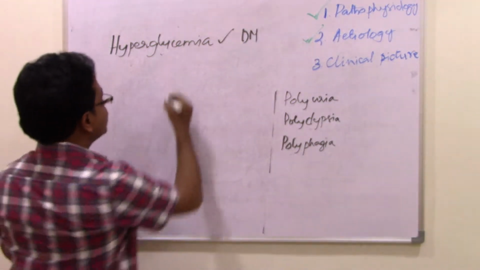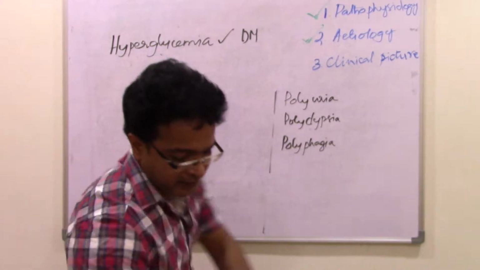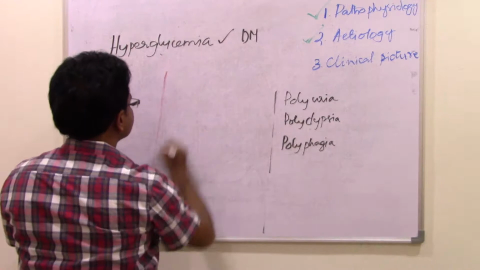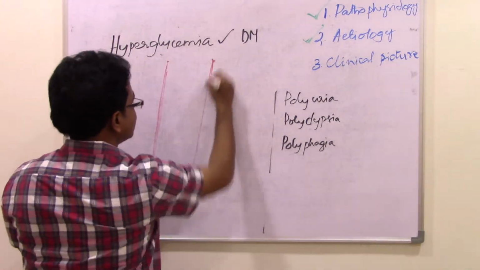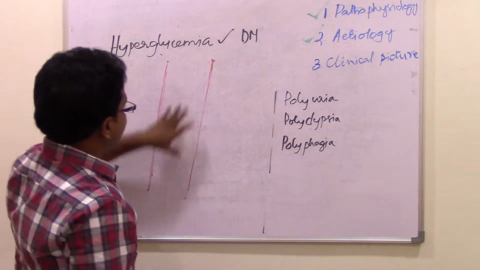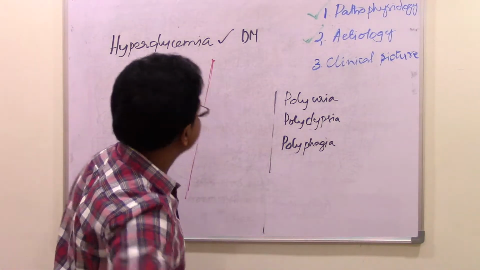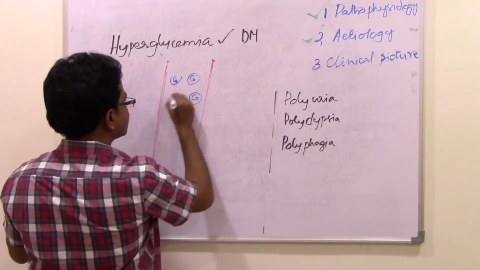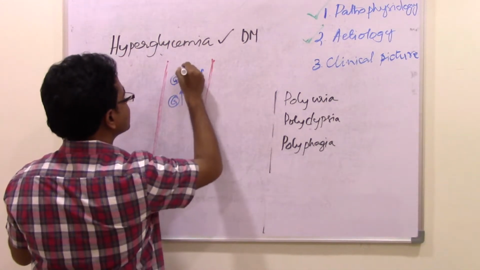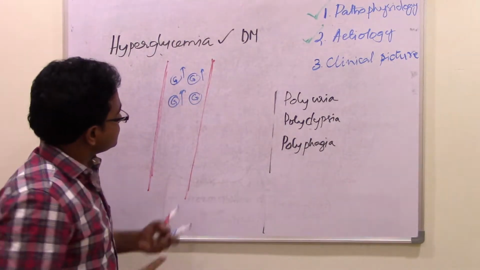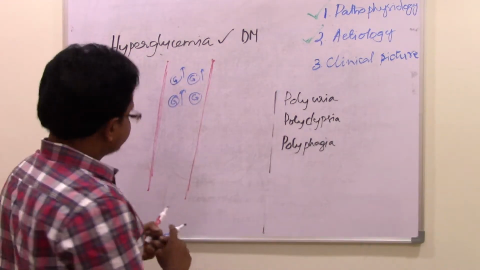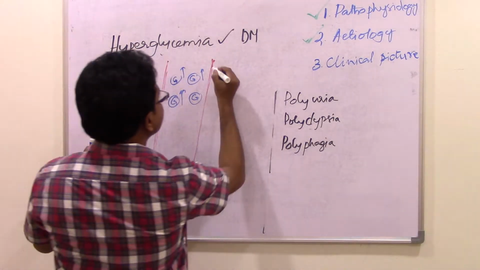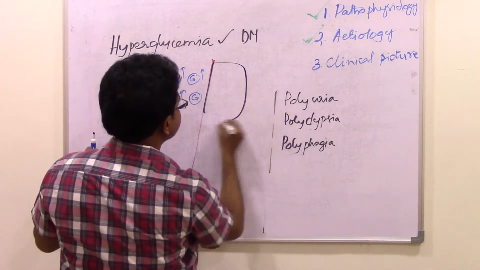What happens when in our blood vessel there is excess sugar? This is our blood vessel, right? And the glucose inside is very high. There are so many glucose molecules. Now, insulin sees that the glucose molecules are no longer consumed by the cells on either side.